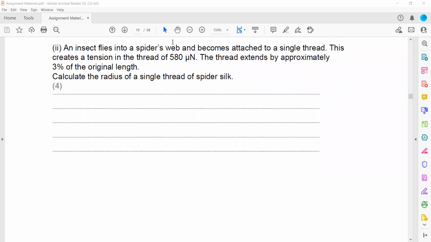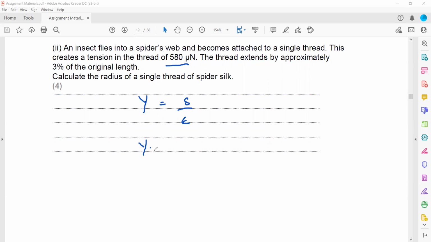Then: an insect flies into a spider web and becomes attached to a single thread, which creates a tension of 580 micronewton. The thread extended approximately 3% of its original length. We have to calculate the radius. As we already calculated the Young's modulus in the previous part, Young's modulus is denoted by E, or we can denote it by Y. Young's modulus is stress by strain.